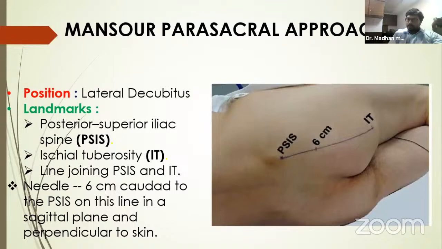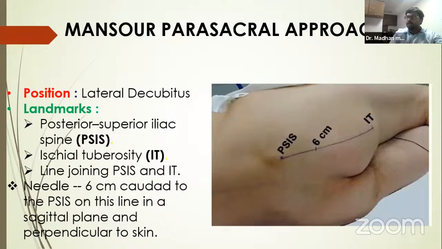And you go perpendicular, and you may hit a bone. Suppose you are hitting a bone, it will be the lateral end of the sacrum. Like the sacrum is lying like this. This will be the sacral margin. If you are hitting the bone, you may need to just pull out about 1 or 2 centimeters and then go further lateral, and you don't go beyond 2 to 3 centimeters after hitting the bone.